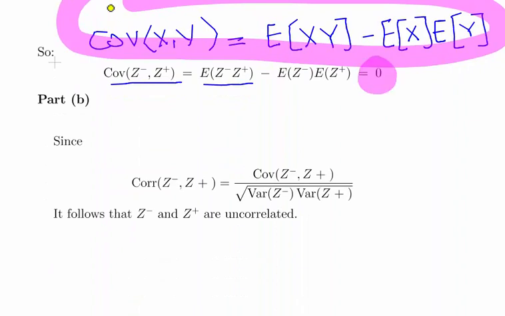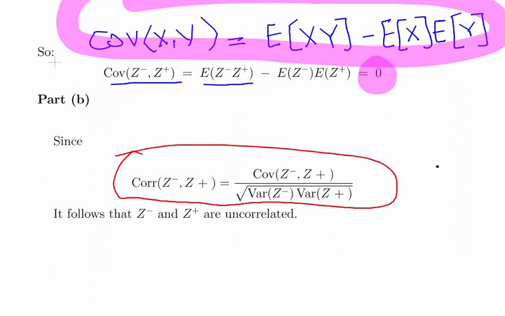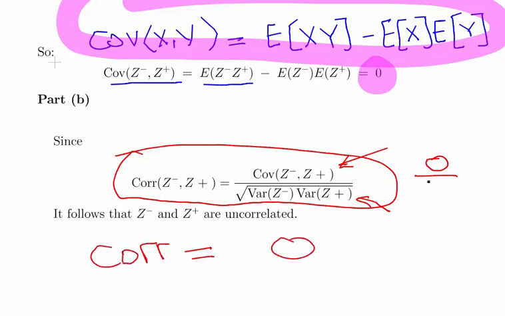This is the calculation to get the correlation. Necessarily the numerator is going to be 0. It doesn't matter what the denominator is, the square root of the variances. We can work it out, but the numerator is 0, so the correlation is necessarily 0. So they are uncorrelated. Right, we'll leave it there.